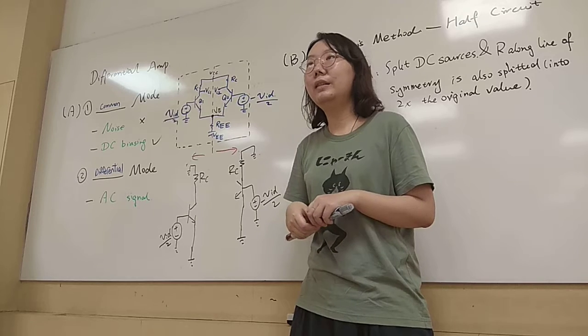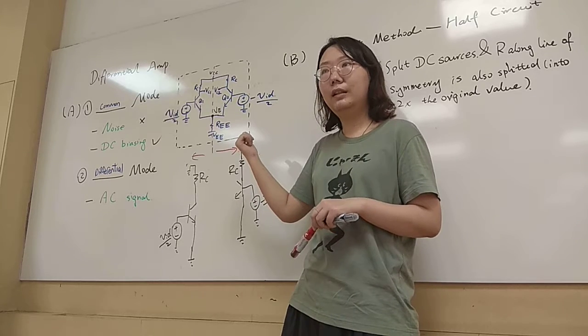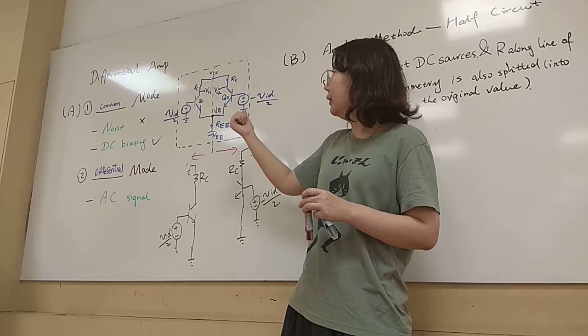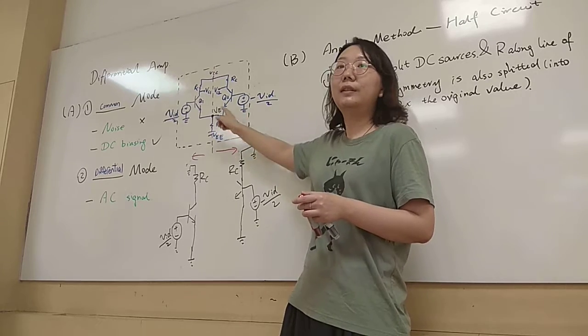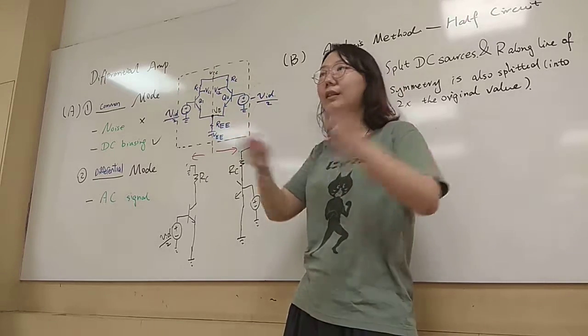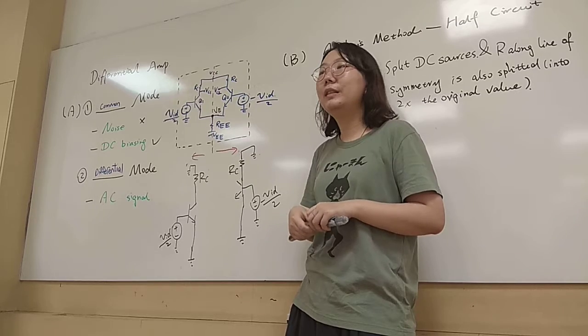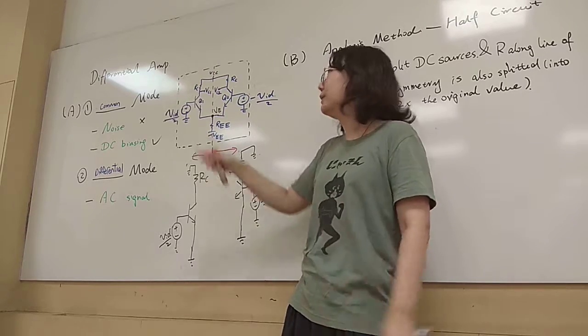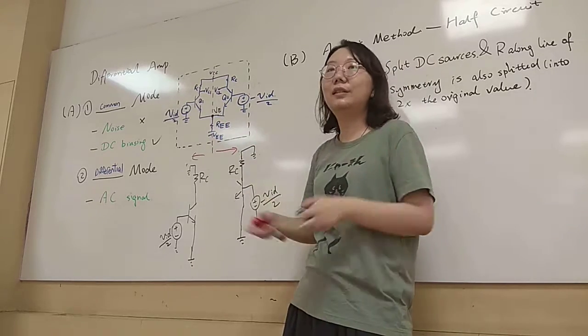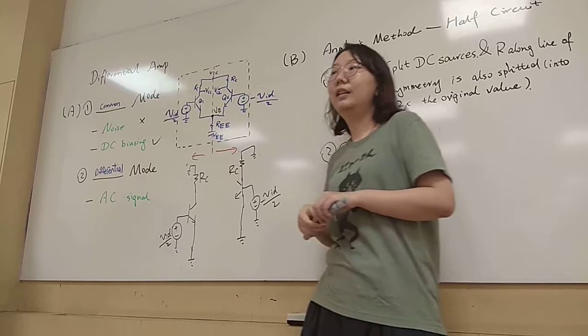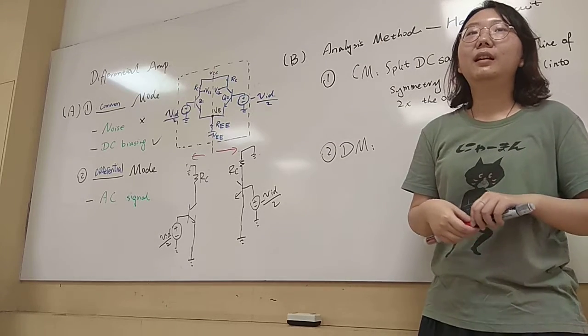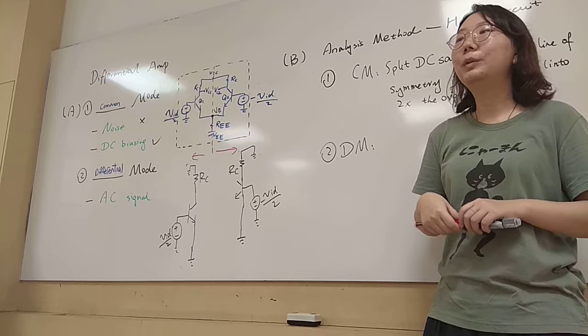Because how does your AC see this transistor? Your AC does not see your transistor like this. It actually sees your transistor like the hybrid pi model. That's what your AC sees. It will never see this arrow; all you can see is your hybrid pi model.